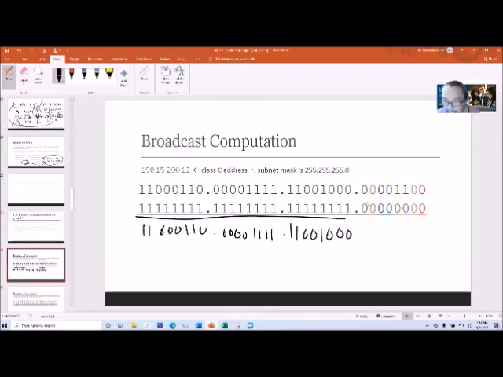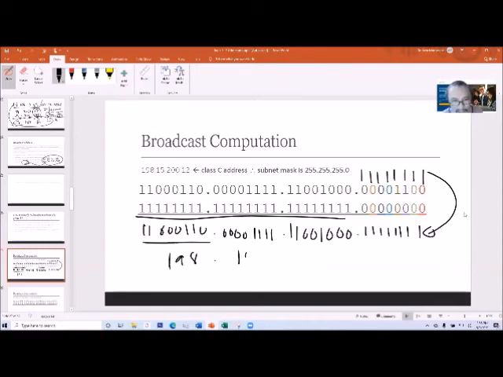Now, the subnet mask bits here are not ones, meaning they are 0. Convert all of these to become 1. All of these are ones. Then bring it down, 1 to 8. That is your answer. So this one is 198.15.200.255. It's very easy.